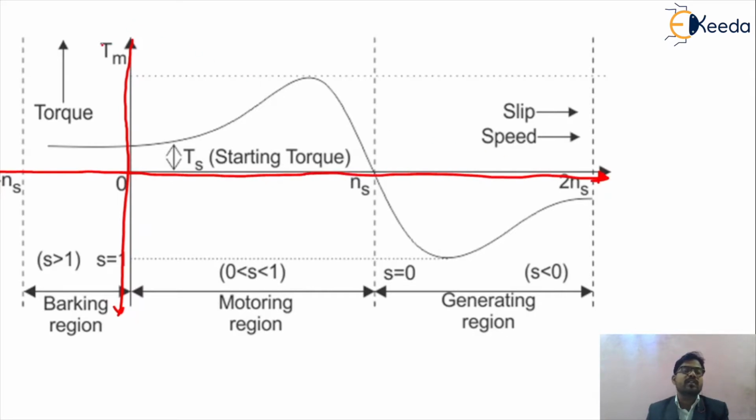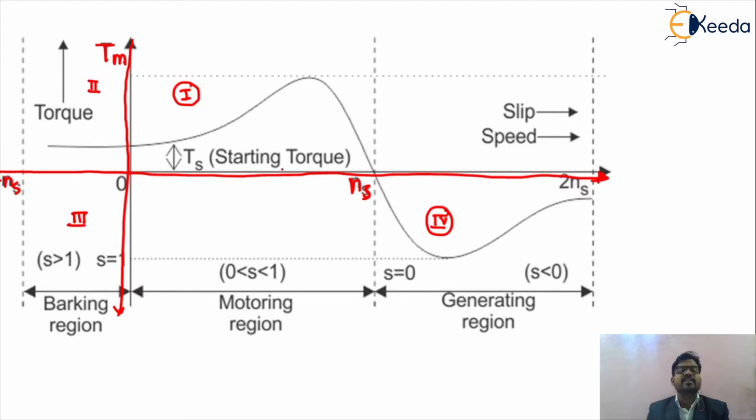This side is the minus speed and this is the plus speed. This is quadrant number first, this is quadrant number second, this is quadrant number third, and this is quadrant number fourth. We represent the four quadrants here for your detailed understanding.